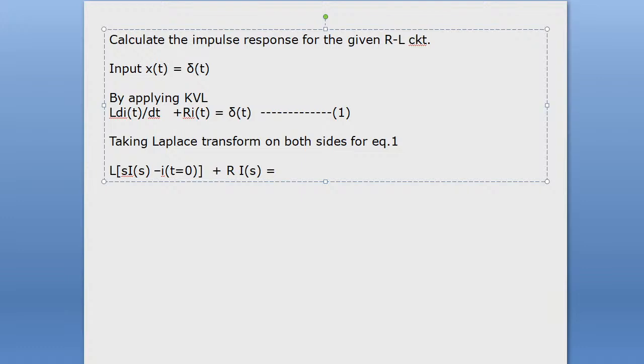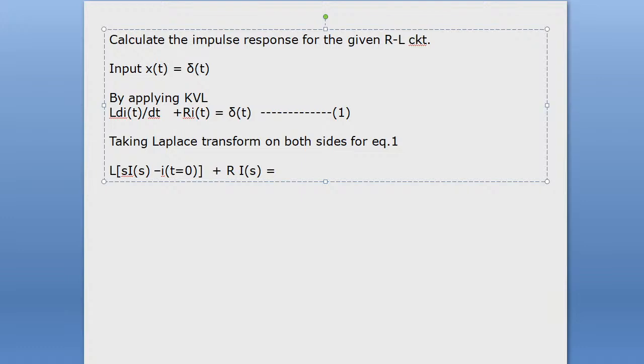So 1 by L to the power of, okay, i(t) equal to 1 by L e to the power minus R by L t. Okay, correct. But you just replace this L with i(t): this will be i(t) instead of L(t). You just correct this. Your answer is correct.